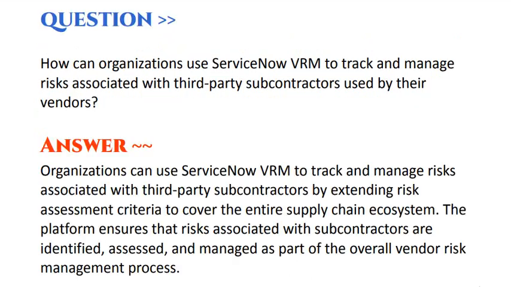Next question is, how can organizations use ServiceNow VRM to track and manage risk associated with third party subcontractors used by their vendors? And the answer is organizations can use ServiceNow VRM to track and manage risks associated with third party subcontractors by extending risk assessment criteria to cover the entire supply chain ecosystem.